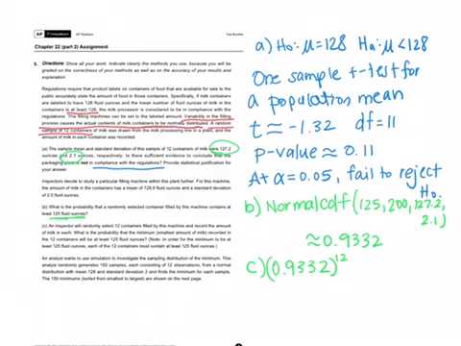Something times itself is squared, so if we do that 12 times, it's to the 12th power. This would give you approximately 0.4362. So there's about a 44% probability that you could do this and get all 12 bottles to have at least 125 ounces in them. So that's what that tells us.